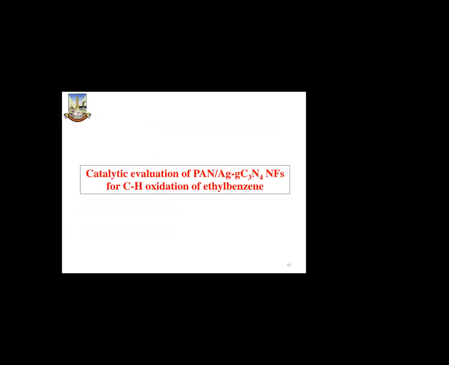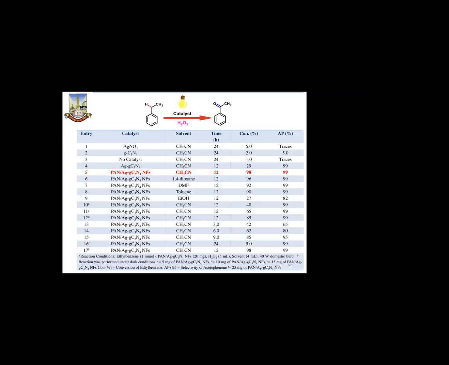Then we move to the next, that is the CH oxidation of ethylbenzene. This is the ethylbenzene. Catalyst is added, normal light is used, and H2O2 is the oxidizing agent. We have taken 1 mole, and there is conversion of ethylbenzene to acetophenone.